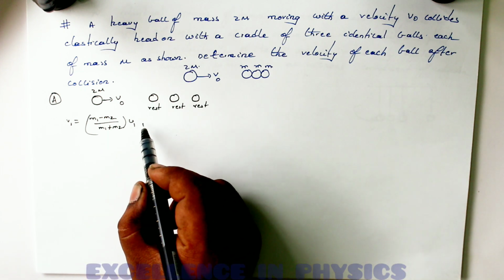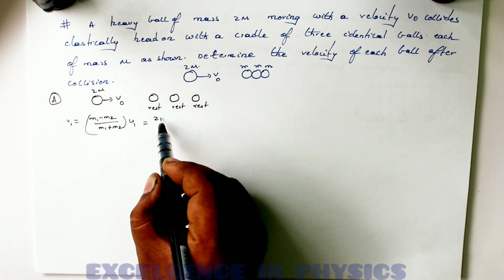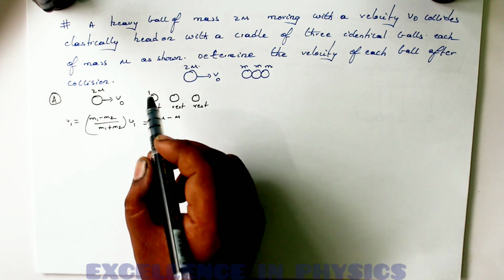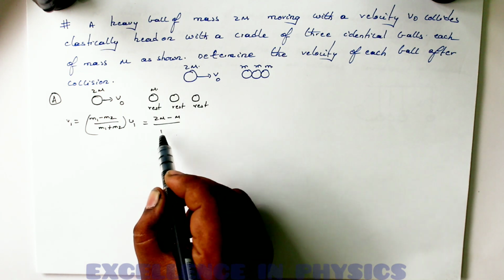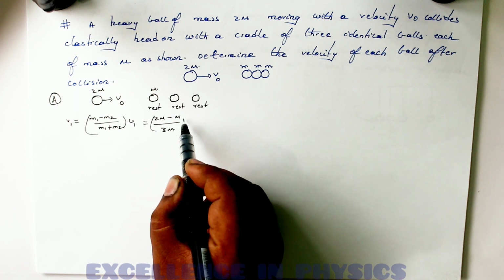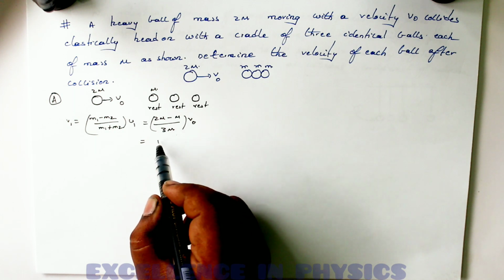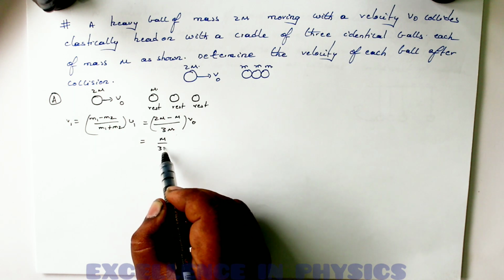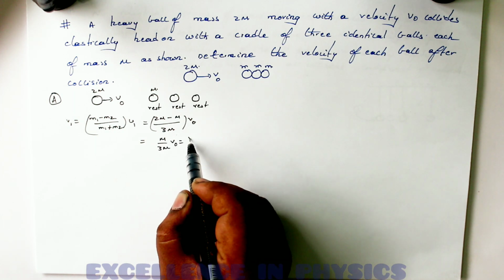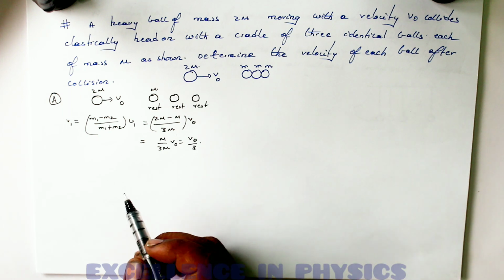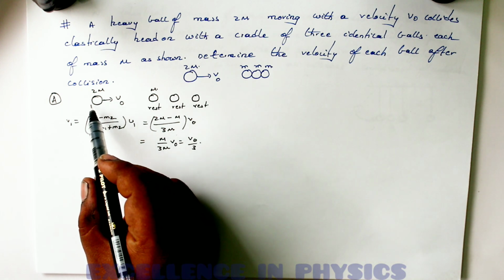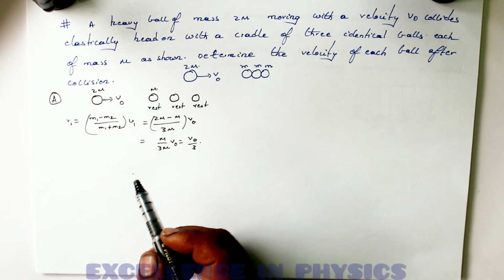Therefore m1 is 2m minus m, divided by 3m, into the initial velocity v0. So this is m by 3m into v0, nothing but v0 divided by 3. This is the velocity of this ball after collision.